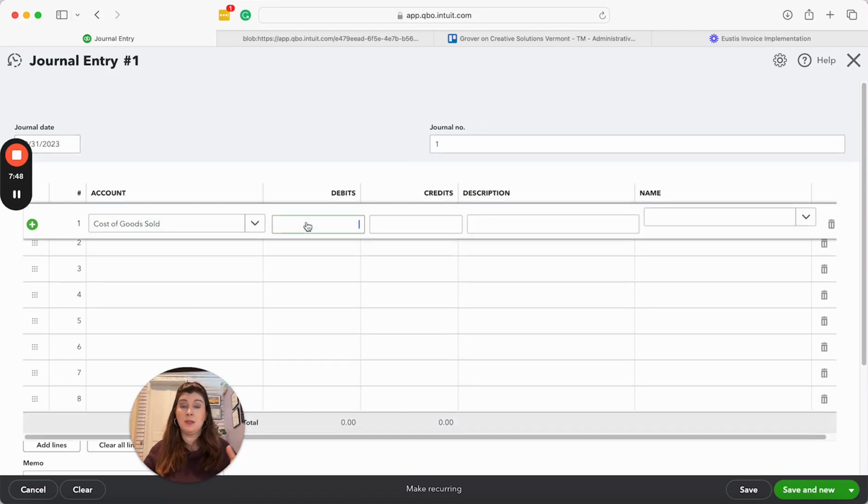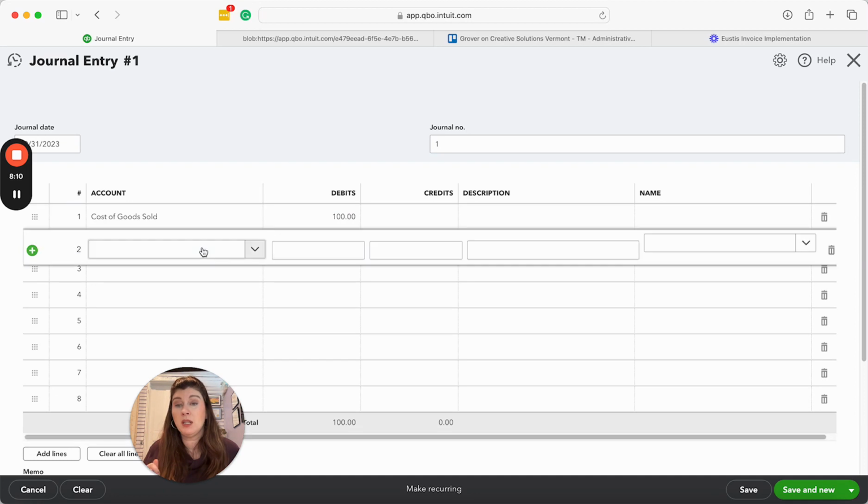Let's say your difference between your balance sheet inventory and your physical inventory is $100. You need to reduce your inventory by $100. You're going to put $100 in cost of goods sold because you've sold that inventory. If you're dealing with something with spoilage, it could be spoilage as well. Inventory gets a little bit more complicated.